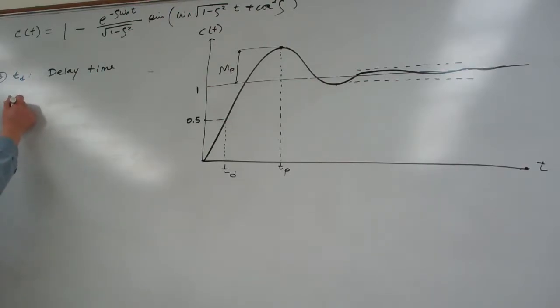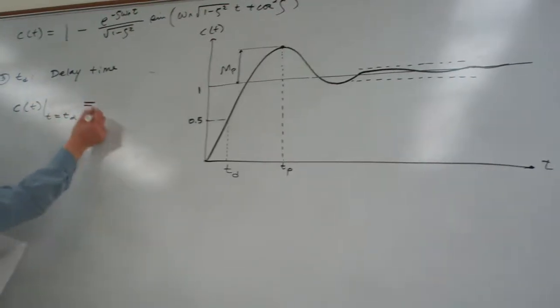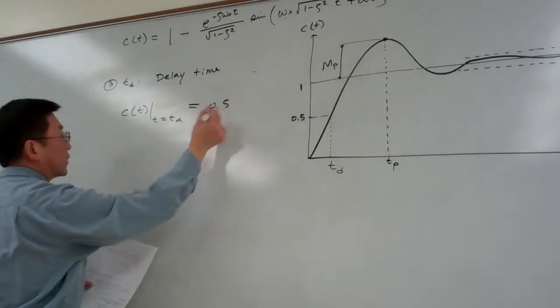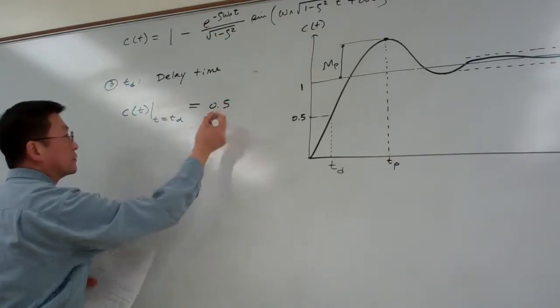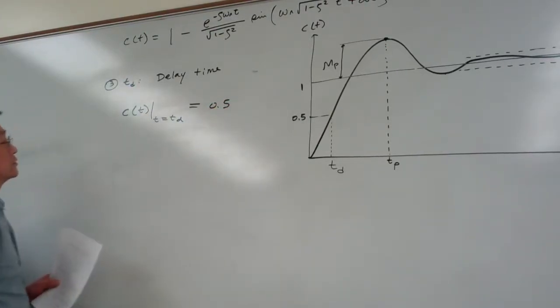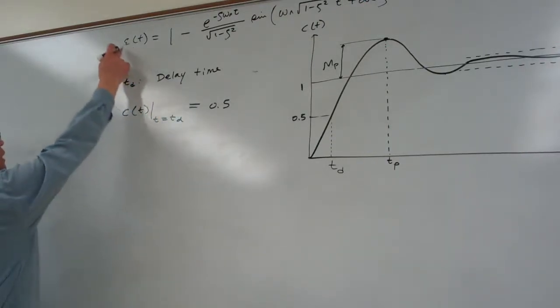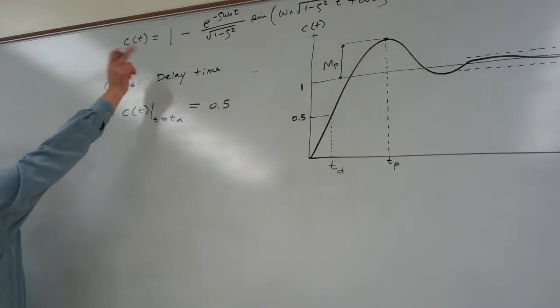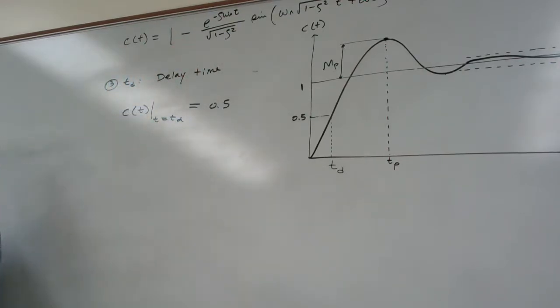TD is such that we calculate C when time equals TD and that value equals 0.5 per our definition. Okay, so simply we solve for this one. Simply you can see you have this value equal to 0.5. You solve for the corresponding value of T, and that's called the TD.